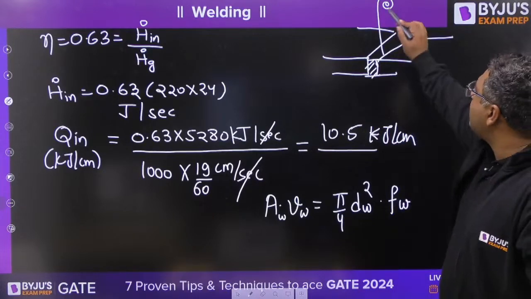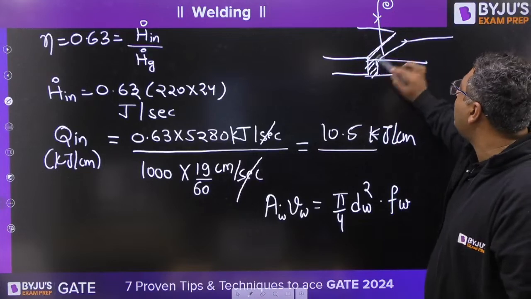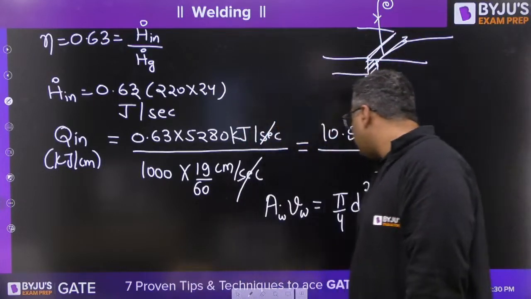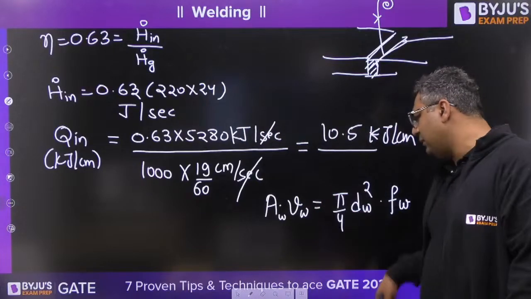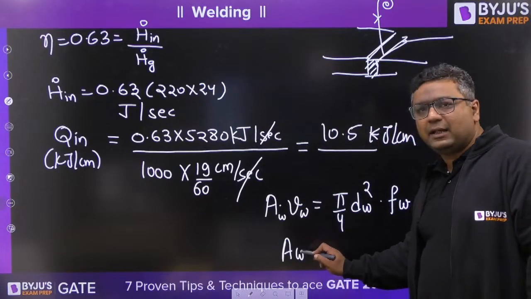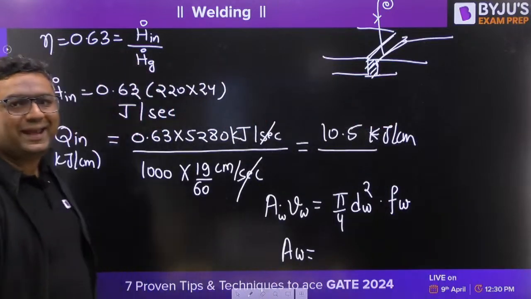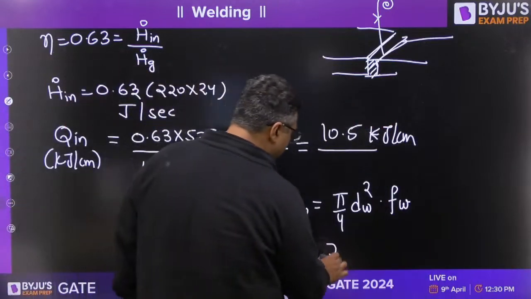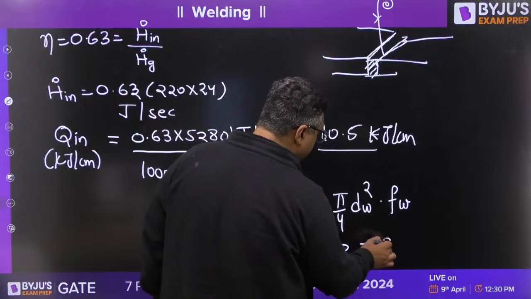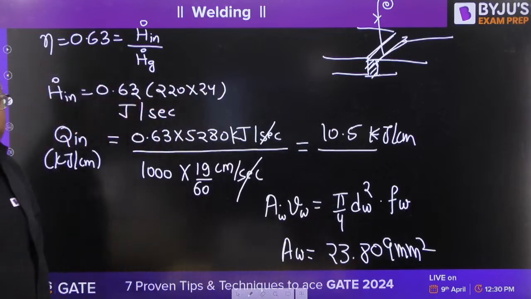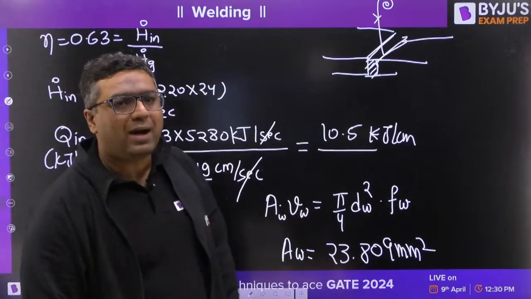Why? Because whatever wire is coming is going to fill the cavity, the weld bead. Both have the same unit, and you will be getting the area of weld as 23.809 mm square. This type of question, if it comes, will be coming for minimum 2 marks.